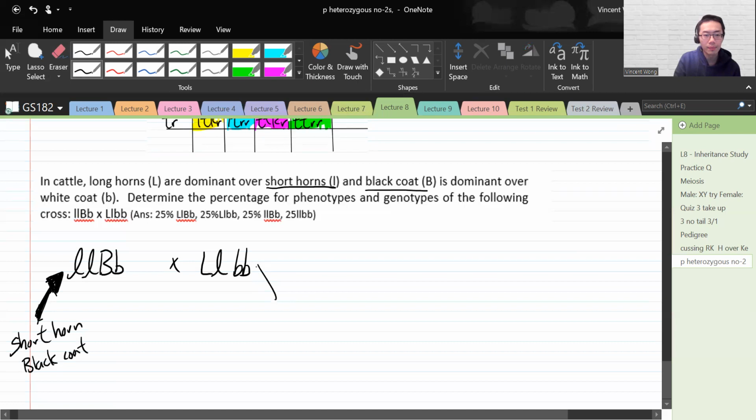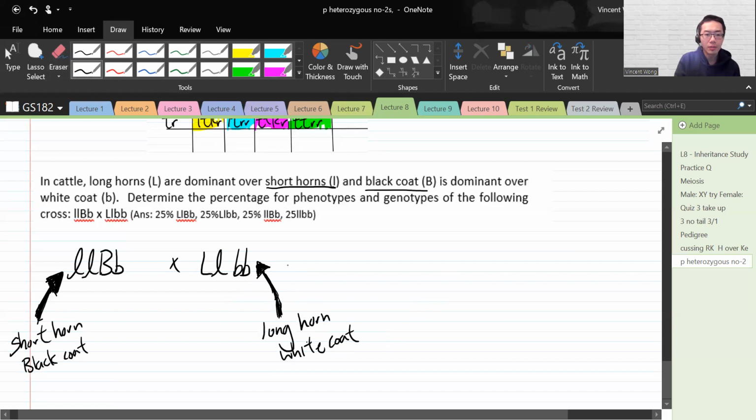How about this one? Someone else tell me what this is. Just try. What would this be? Yes, go ahead, Tamara. Long horn and white coat. That's right. You got it. Easy, right?